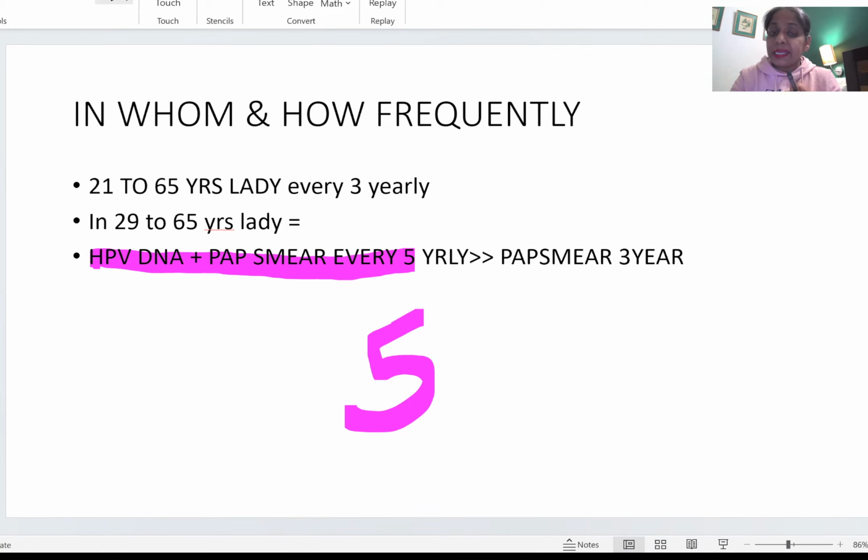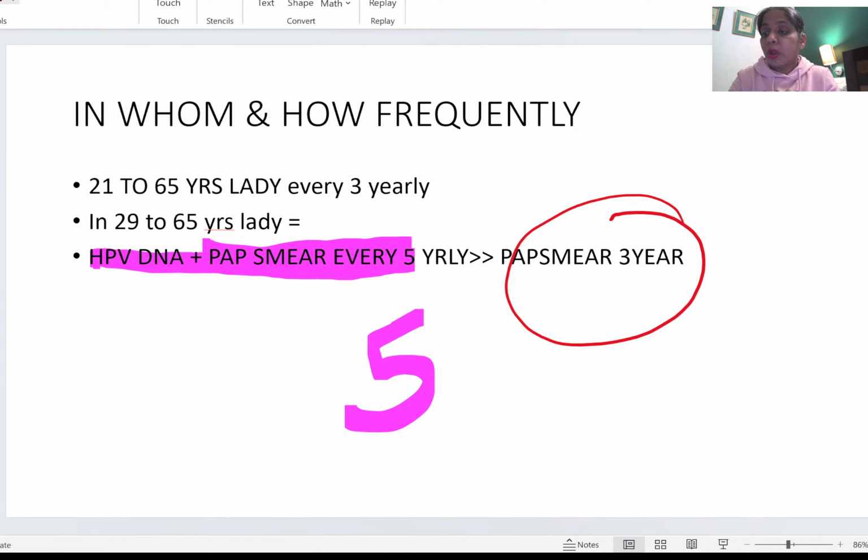As HPV DNA assessment is very costly, it costs a few thousands and the government is not supplying it free of cost. So if a female is not capable of paying for it, then the female should go for pap smear alone every 3 years.